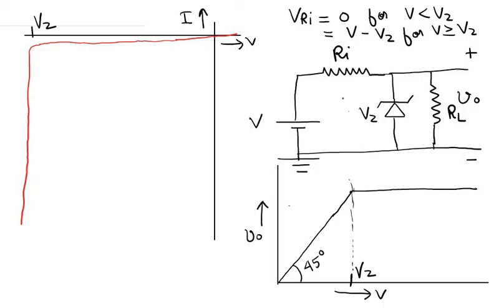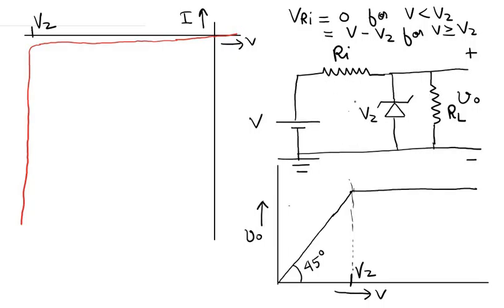If we use a voltage V which is always higher than Vz, then this voltage V minus Vz appears across this resistor Ri, and the voltage across the Zener diode is always approximately Vz, so the voltage across RL is also always approximately Vz. So we get a regulated output voltage, or a constant voltage at the output load resistor.